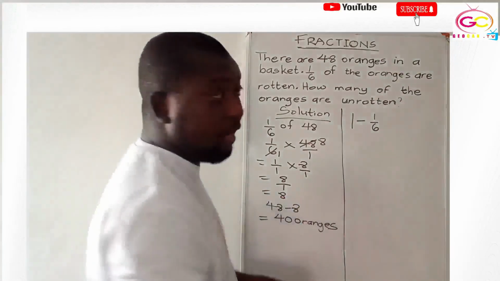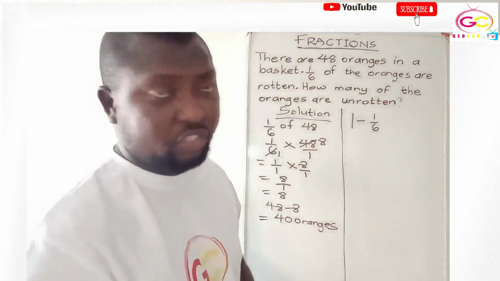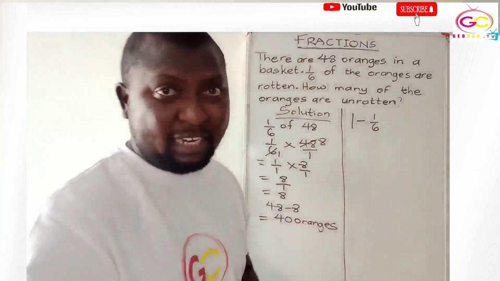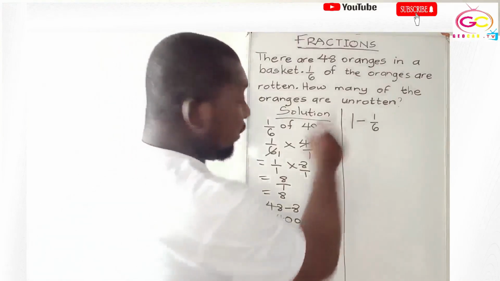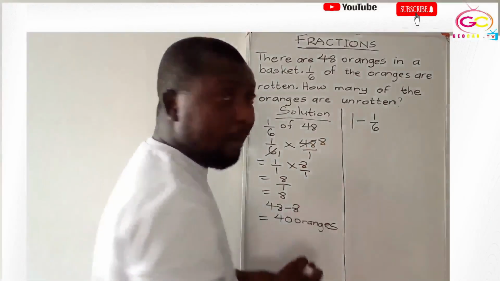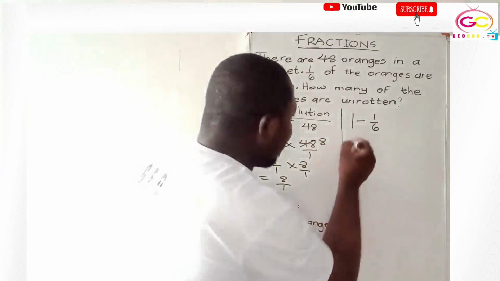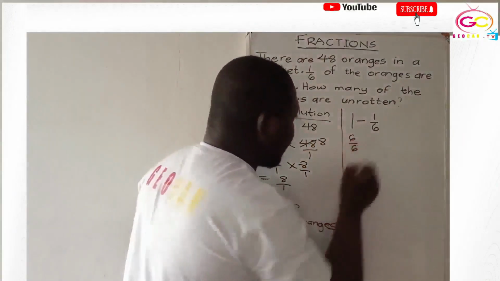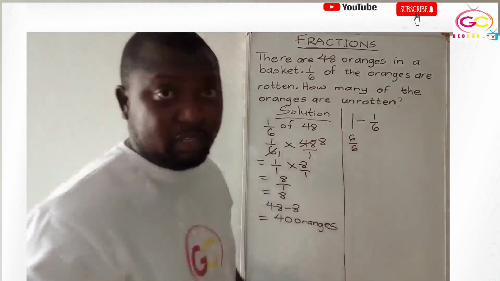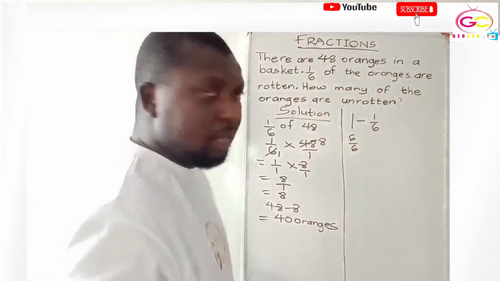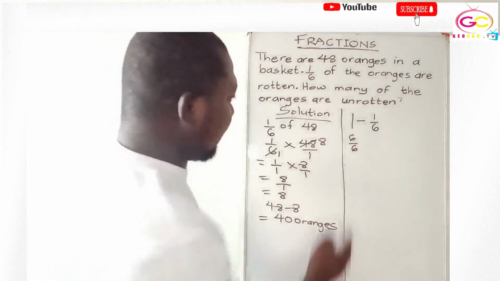This is simple subtraction of fractions. This is one whole number, and we can only do the subtraction when we have a common denominator. And that will make it easy for us. We just subtract the numerators. So one whole number can be written as 6 over 6. 6 will go into itself once, 1 over 1, which is one whole number. Why did I write 6 over 6?